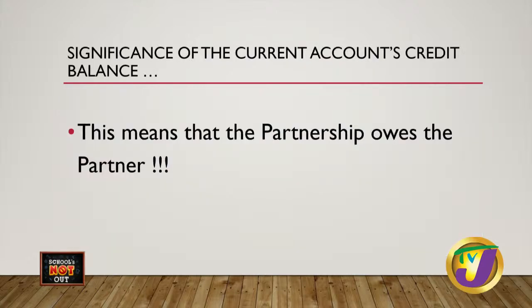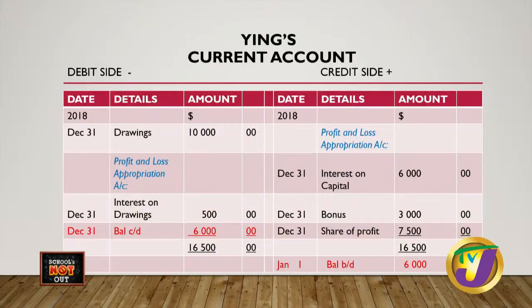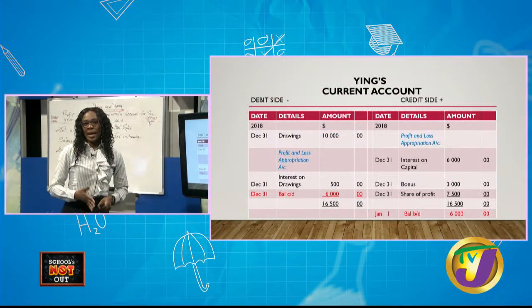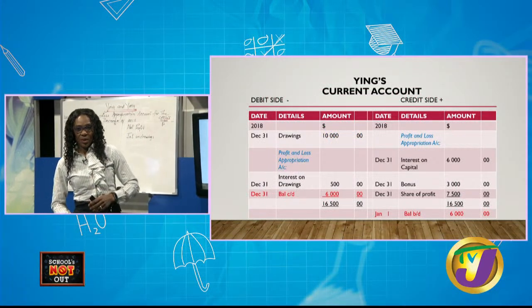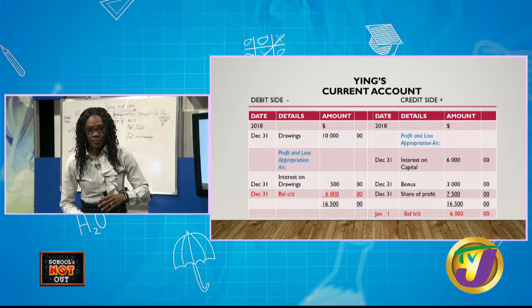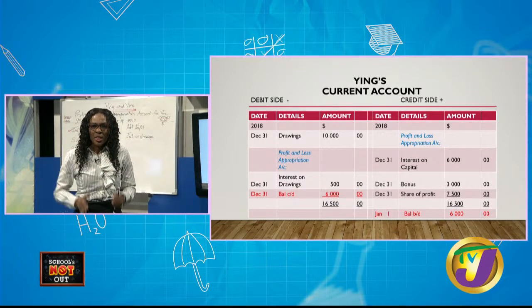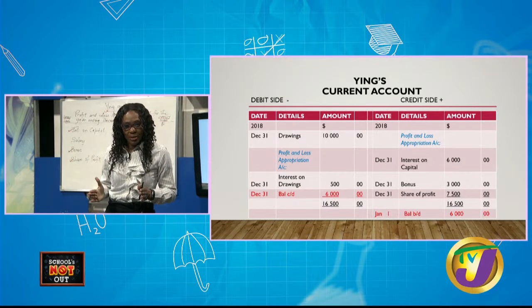The question is, and it is usually asked in exams, what is the significance of the current account balance? That's one of our objectives. So I'm going to go back to that slide. Students, if the BD falls on the increasing side of the partner's current account, then boom, the partner is in a good position.